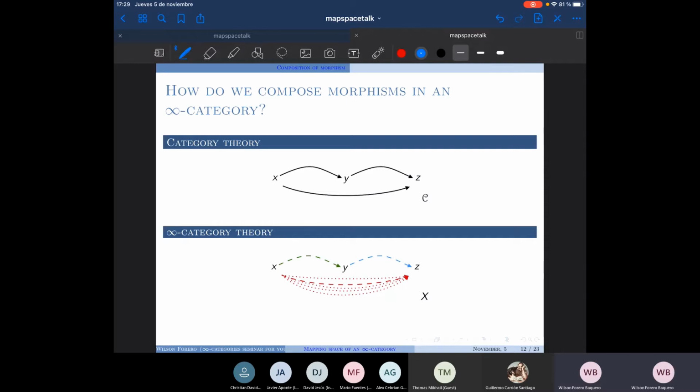So we have to construct a nice way to encode the composition in an infinity category. But for that, we need a lot of terminology and some technical results. So if somebody has a question at any point about the definitions, let me know, please.